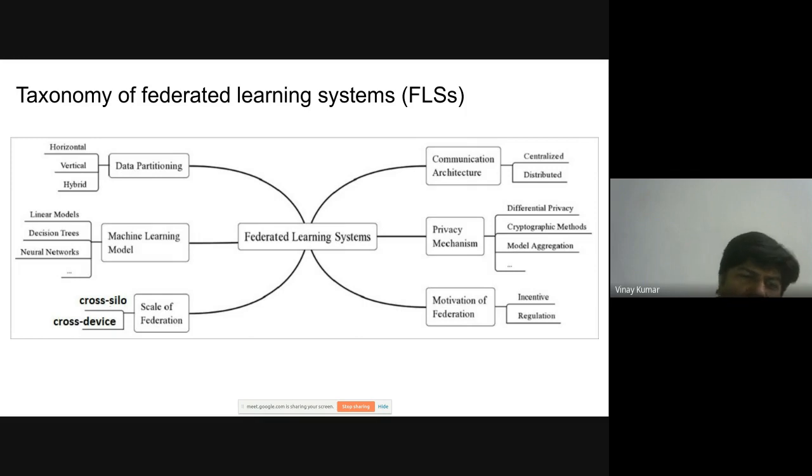So we have the communication architecture. There are two major ways of communication in federated learning: the centralized design and the decentralized design. In the centralized design, the data flow is often asymmetric, which means the manager aggregates the information, for example local models from parties, and sends back training results.